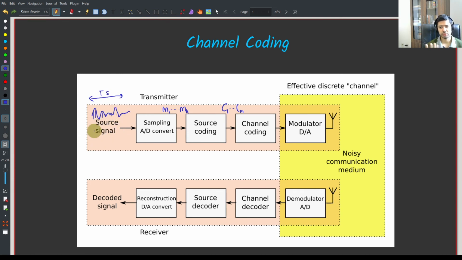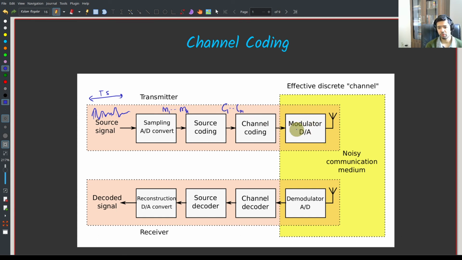That is, your source signal is typically continuous time. In certain applications it is not, for example if you want to send an image or a text, then this is not continuous time. But potentially it could be a continuous time system. And the communication medium, of course, is a continuous time system.